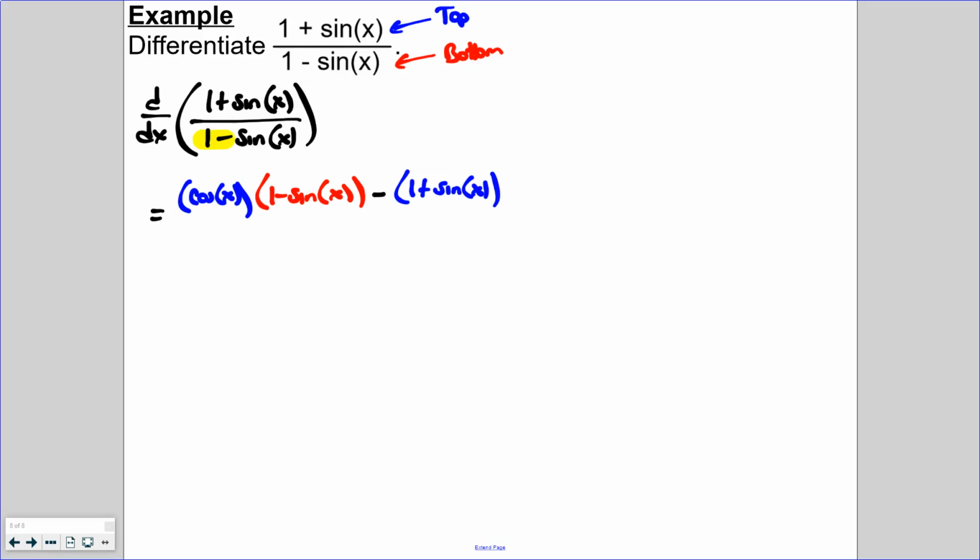And then we're going to take the derivative of the bottom. And again, the derivative of 1 is 0, and we're going to be left with a negative. And then the derivative of sine is cosine of x. And that's all going to be over the bottom, 1 minus sine of x quantity squared.